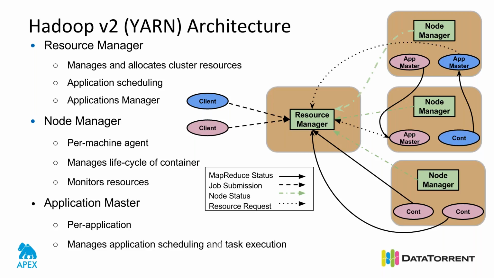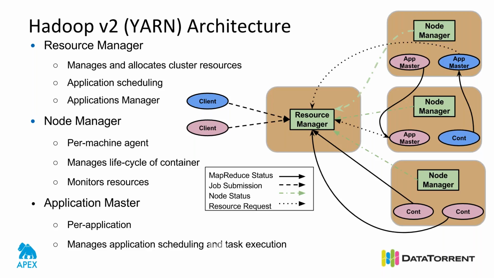Then there is a node manager. This is a per node process. It runs on each and every machine of your cluster, and it is responsible for managing the life cycle of a container. We just saw in the last slide, a container is just a processing slot. So any process will be scheduled inside a container, which is associated with how much memory or how much CPU processing power it has been assigned.